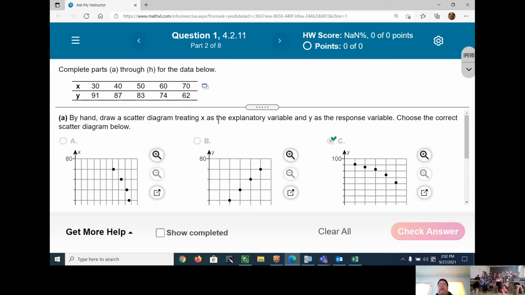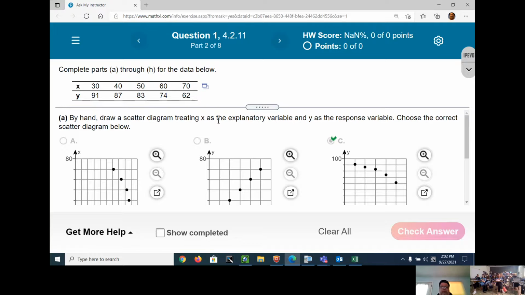X: 30, 40, 50, 60, 70. Y: 91, 87, 83, 74, and 62.